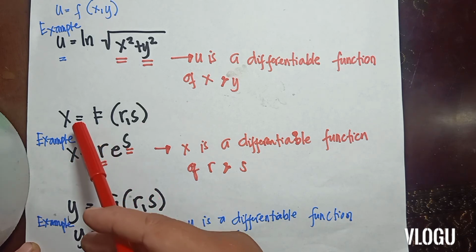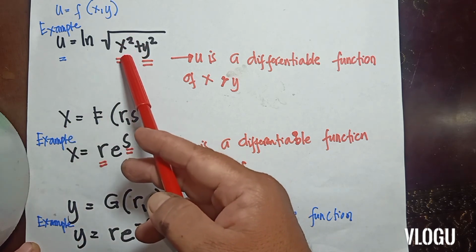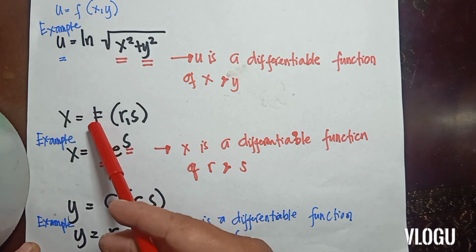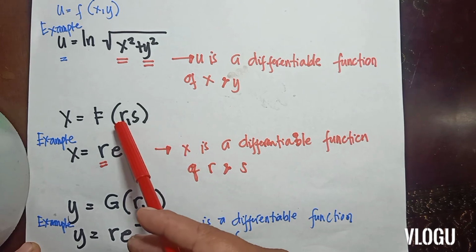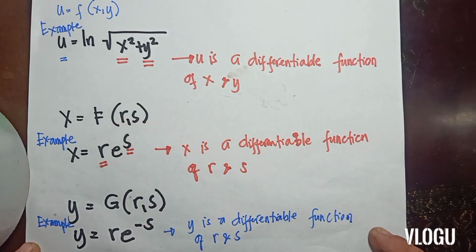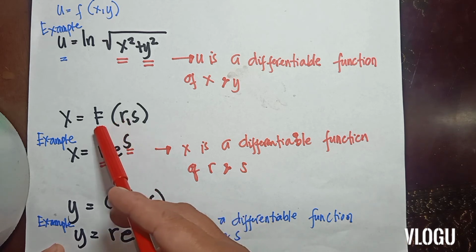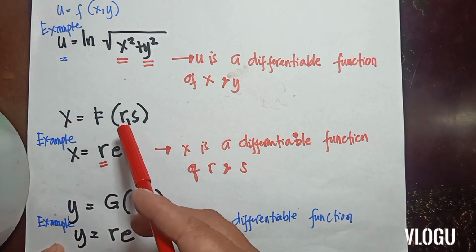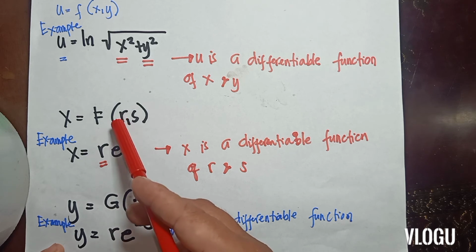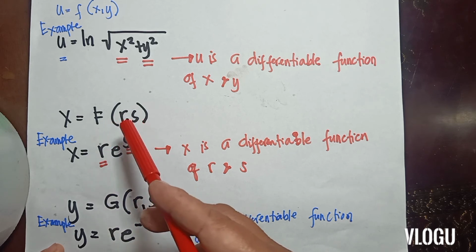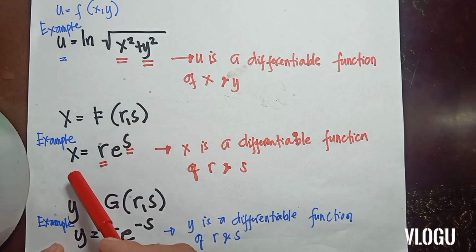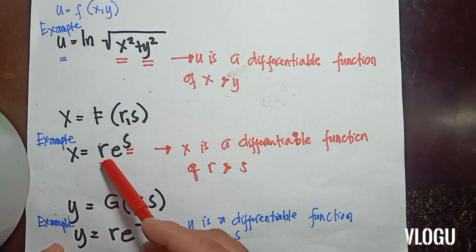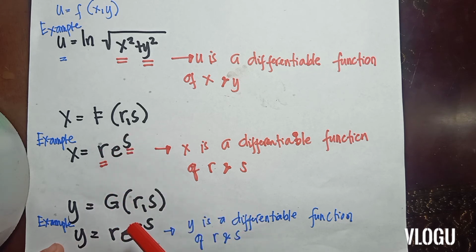Okay, so we have here x, which is given as a differentiable function of r and s. Meaning, for the given x, you can find the derivative with respect to r and with respect to s. So your variables are r and s. For example, x is equal to re^s.